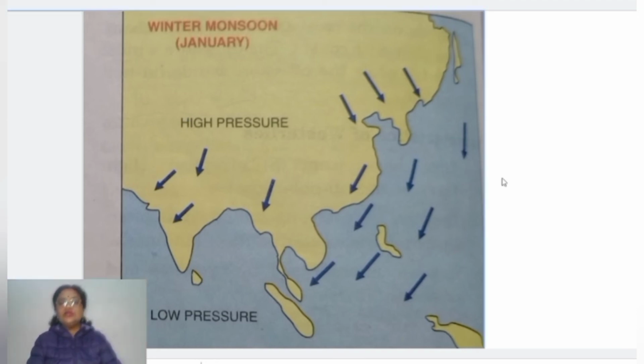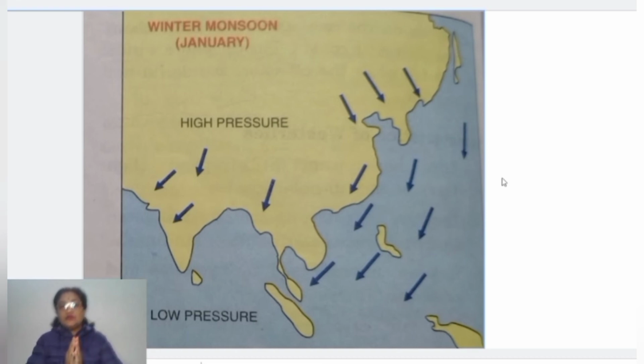A few examples we can find, especially in India, well known for people who are living in the northern plains. They must have experienced it during summers. That is Loo. Loo is a local wind which we find in India.